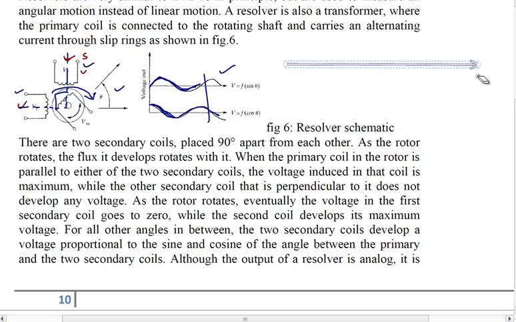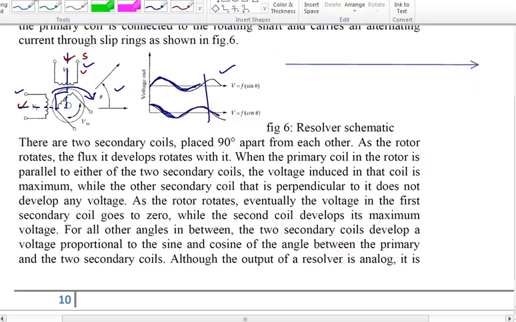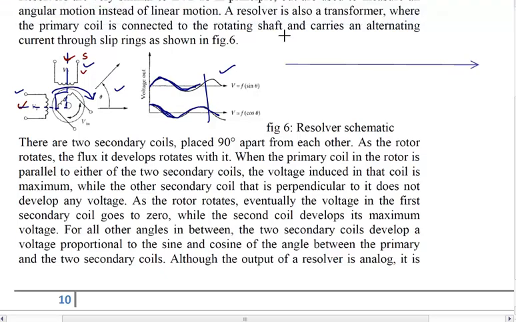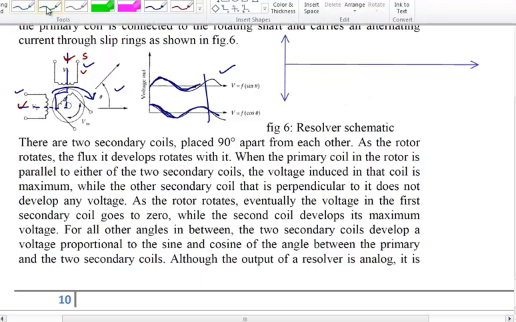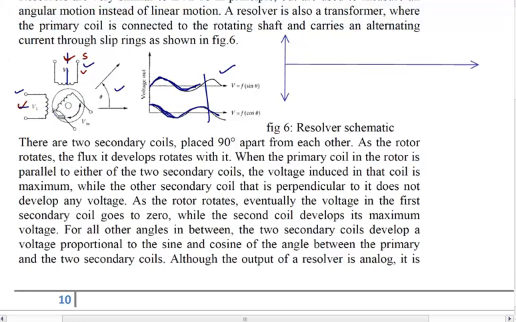So this is the time axis, and now I have to draw. If suppose the position is like this, let me clear the clutter here. Right now suppose the position of this coil is like this.